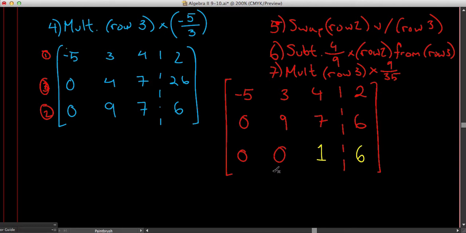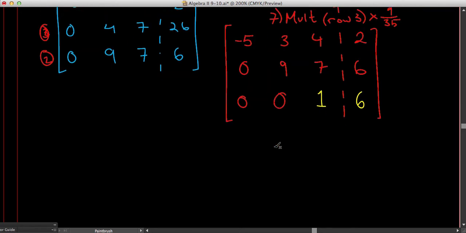So moving down, now this is a perfect opportunity to use this third row to eliminate some things from the third column in the first two rows. So if I multiply the third row by 7 and subtract that from row 2, I can eliminate that 7, which is perfect. We can do that.